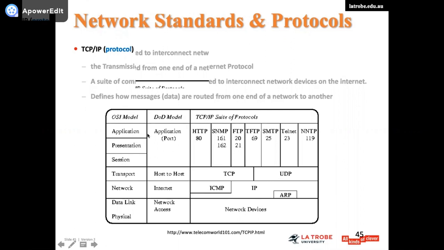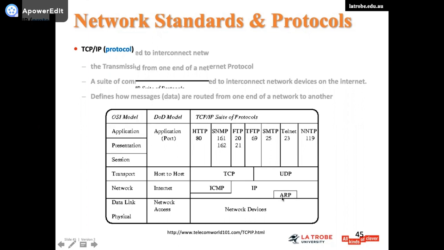Then we have the network layer, with the IP protocol. Then we have the ICMP protocol for the ping message. We have the ARP protocol to translate the IP address to the MAC address. Then on the 4th layer, the transport layer, we have our TCP protocol and the UDP protocol.